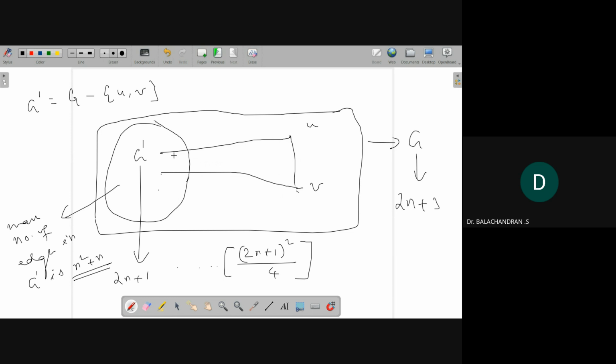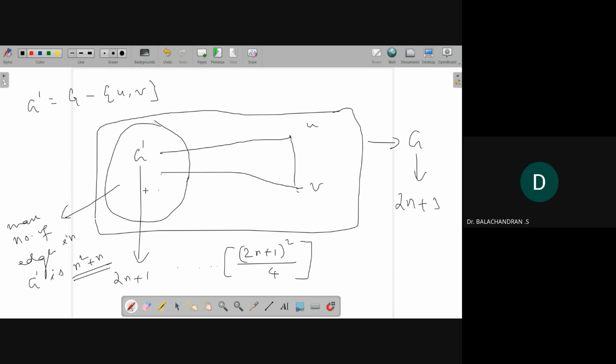So the maximum number of edges from G dash to U and V is the number of vertices in G dash. What is the number of vertices in G dash? 2n plus 1.